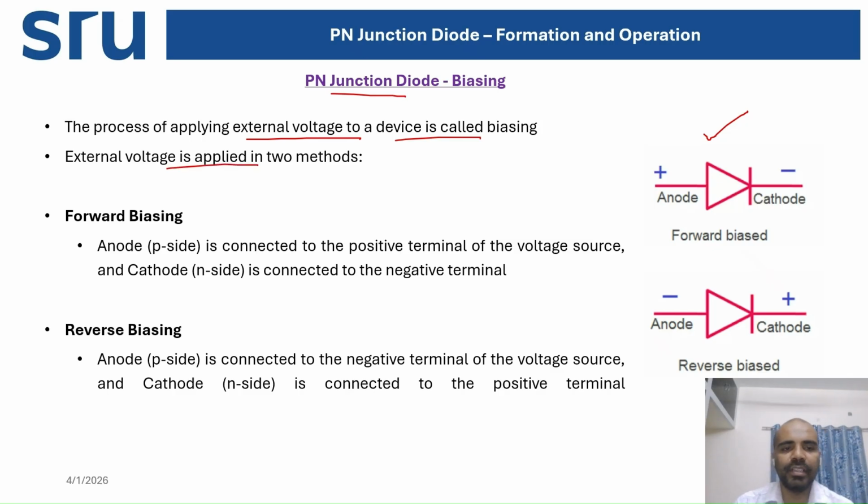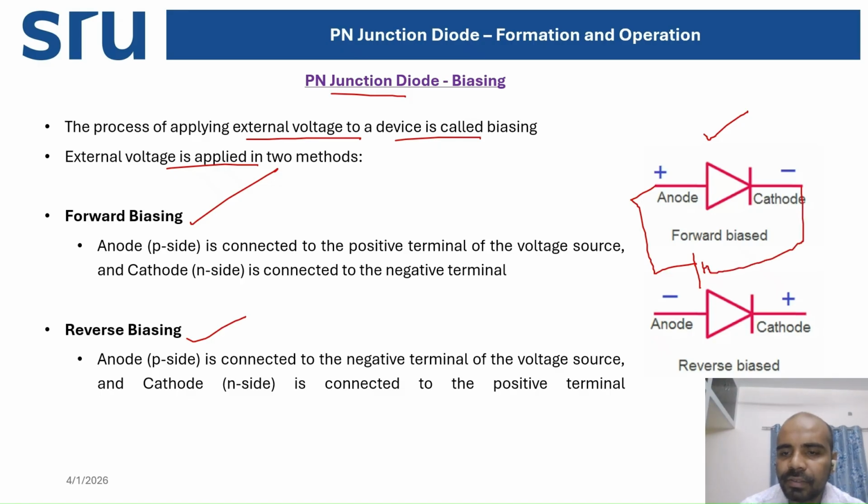The external voltage can be applied by two methods, right? One is forward bias, another is reverse bias. What is forward bias? If the positive pole of the battery is connected to the P side of the PN junction diode, it is called the forward bias condition, or you can say the PN junction diode is in forward bias.